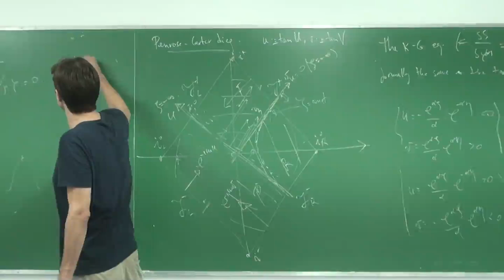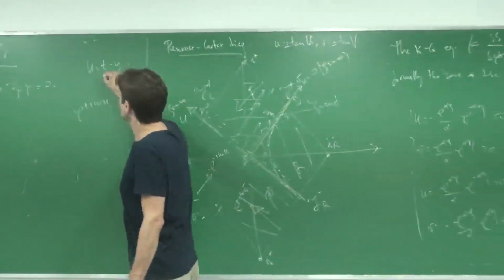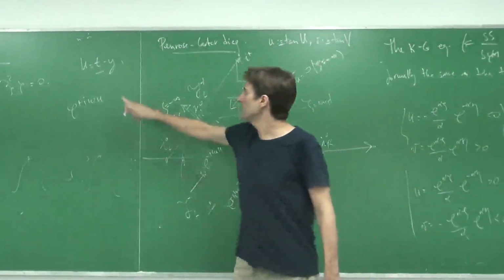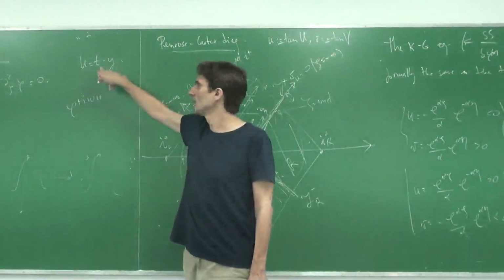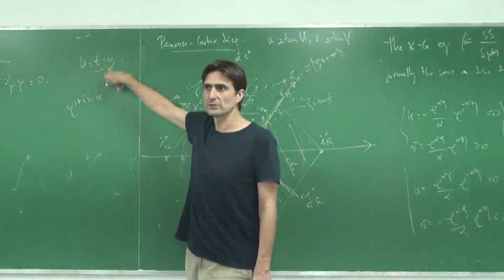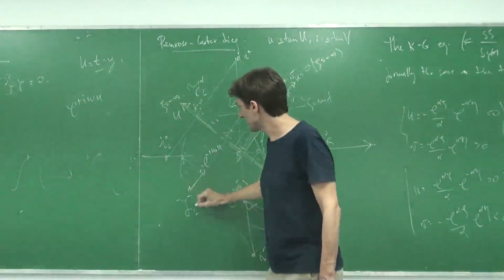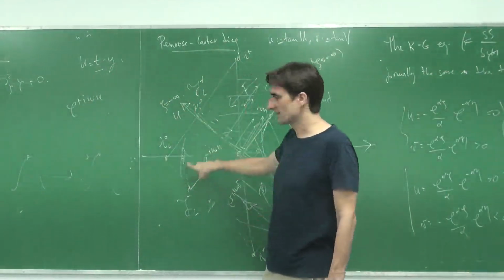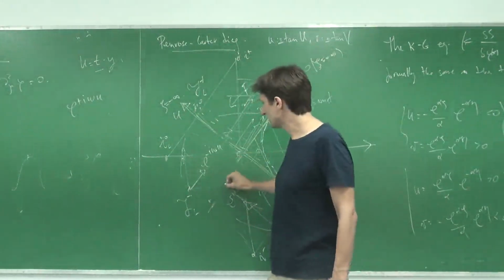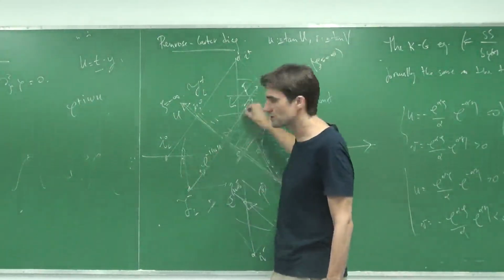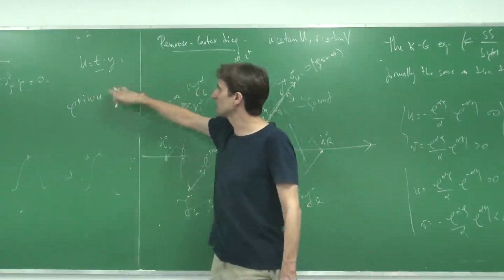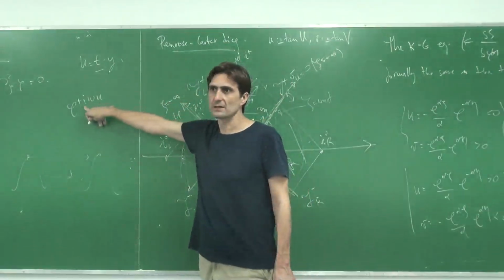u is t minus x. As t increases, if you want to keep u constant, what does x have to do? It increases, right? So say you're here, as t increases, it has to increase this way. u equals constant corresponds to this. And this is true regardless of the sign.